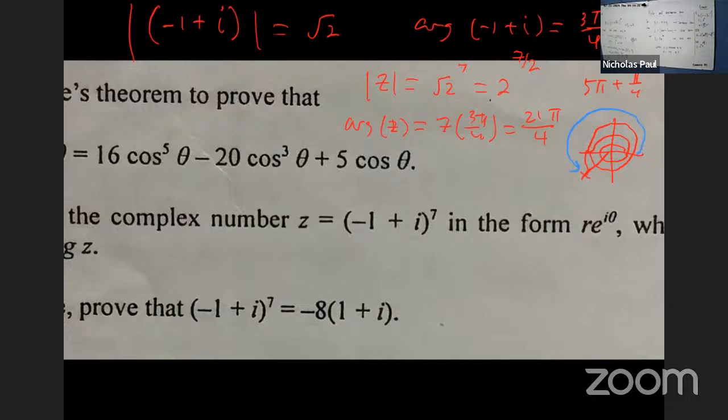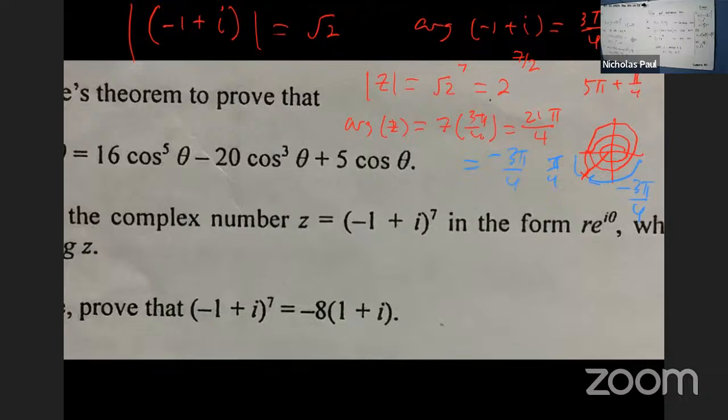It will be bigger than the range, right? So you have to actually take it the opposite way, from the positive x-axis in the clockwise direction. If here is pi on 4, then here is minus 3 pi on 4. So the equivalent of 21 pi on 4 is minus 3 pi on 4.